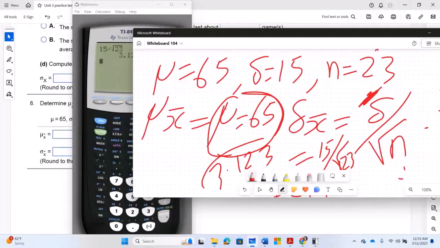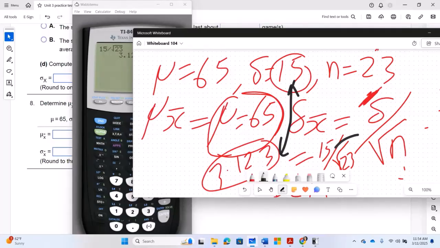notice that the standard error is smaller than the standard deviation. We can ask ourselves why. The standard error must always be smaller than the standard deviation of the original data.